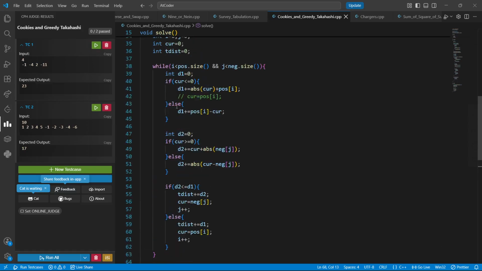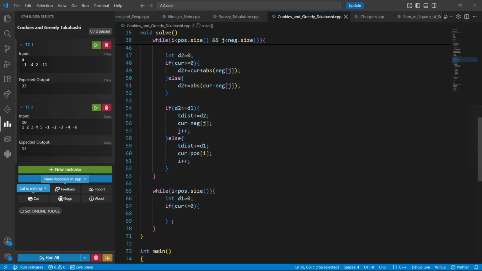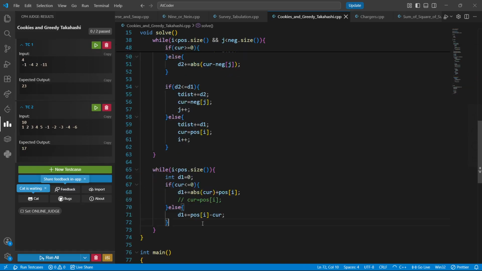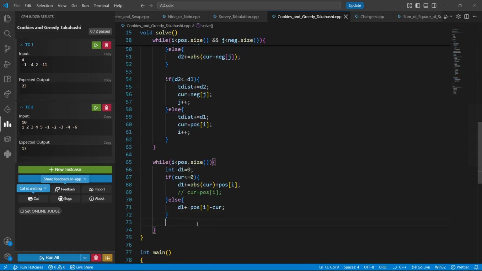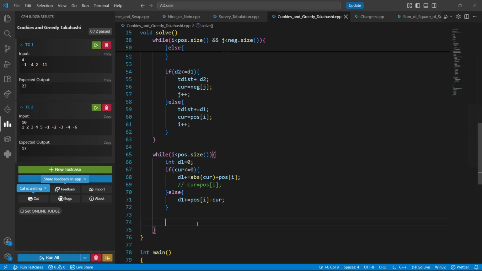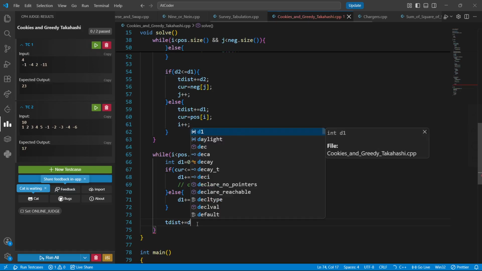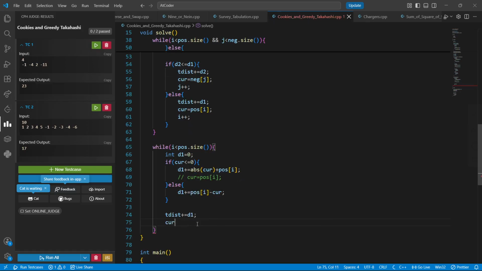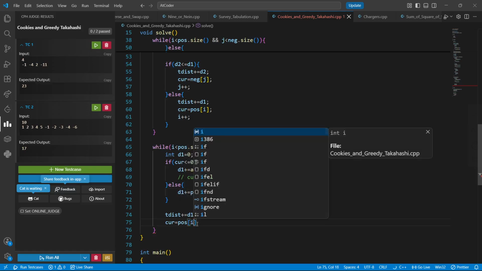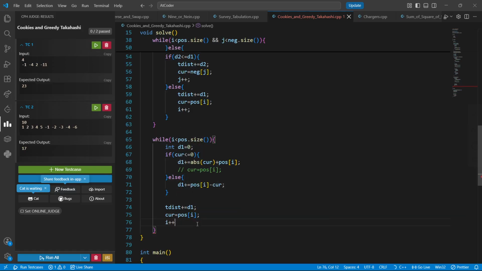It's basically the same thing, so I'll just copy it. Here we don't need to compare d1 and d2 because we don't have a cookie on the negative side. So simply, in total distance you add d1, your current will be positive of i, and you increase i.